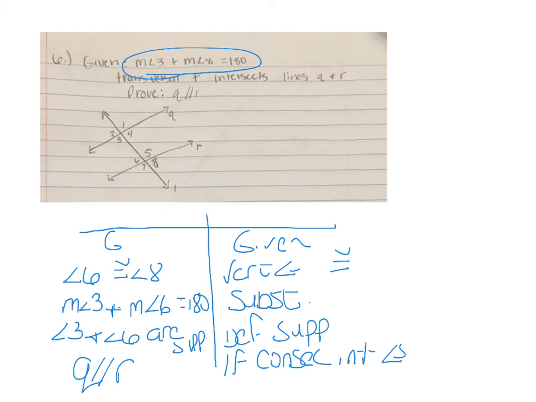Look at this, this is terrible. If consecutive interior angles are supplementary, then lines are parallel. I'll let you finish it out. That's bad, but then the lines are parallel.